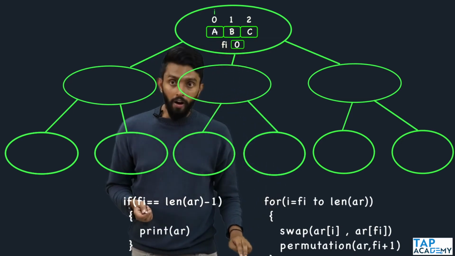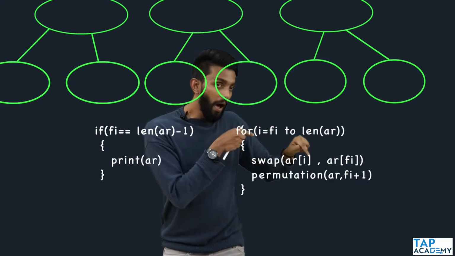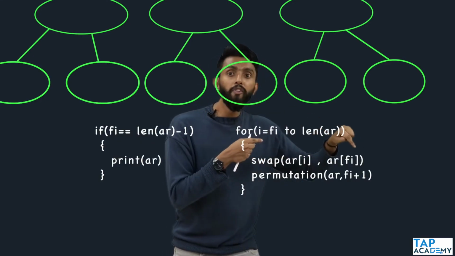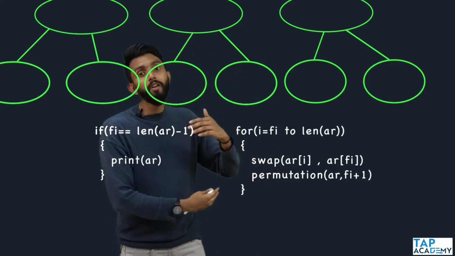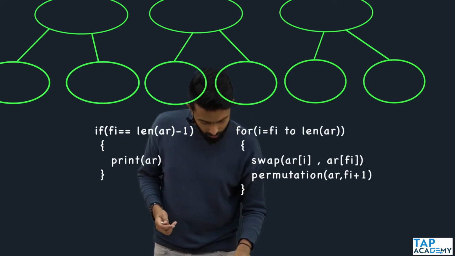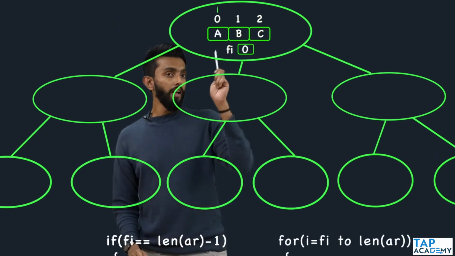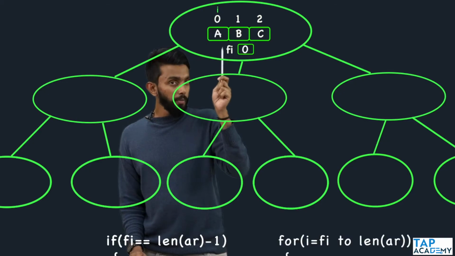Now, what you are going to do after that, as you can clearly see here, is swap array of I with array of fi, and again recursively call the same function. Please understand, if I swap array of I and array of fi, the string doesn't get modified because it is the same.